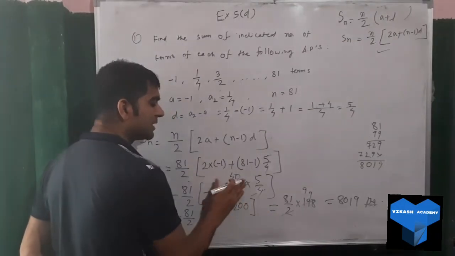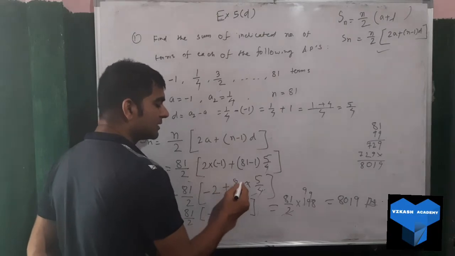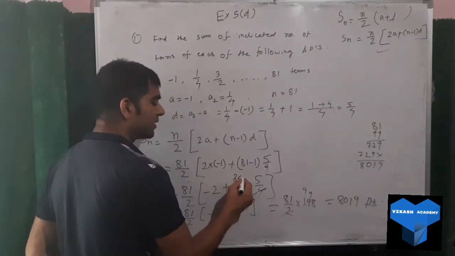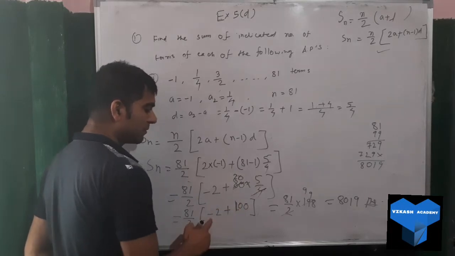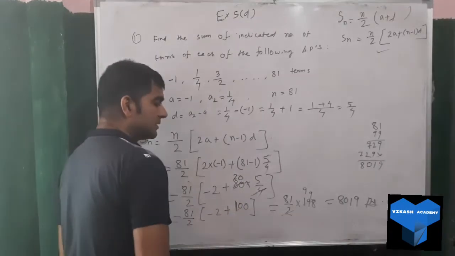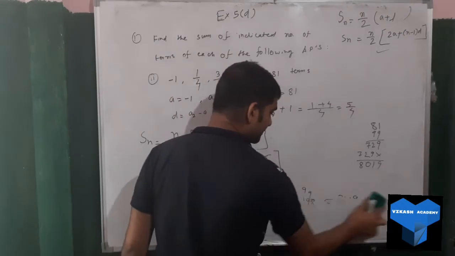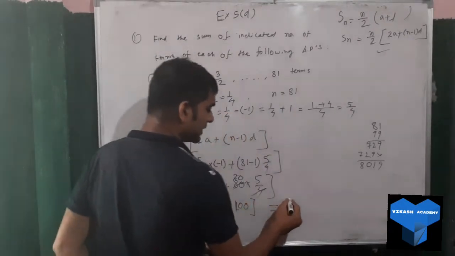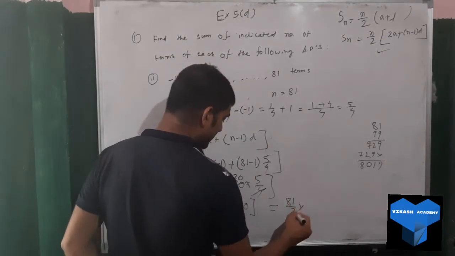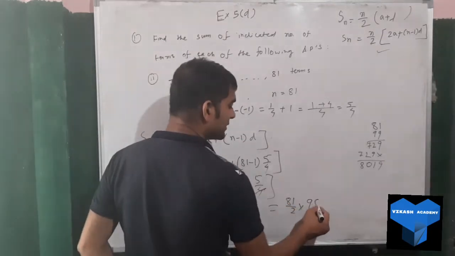Now when you cancel, what will we obtain? 80 by 4 gives 20. Let us multiply 20 into 5, we get 100. Minus 2 plus 100. In the next step it will be 100 minus 2, which is 98, and 81 by 2 will remain the same.